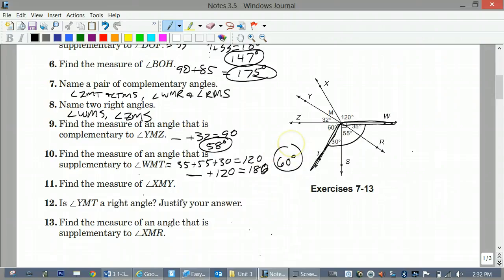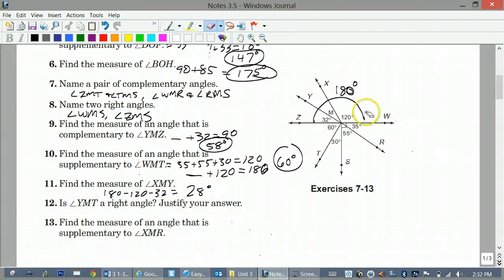Okay, next one. Find the measure of x and y. This whole thing is 180. If you realize that, then label that in the picture, and then you might be able to see that it's 180, then minus 120, minus 32, which is 28. Yep. Is YMT a right angle? No, because it's 92 degrees, right?